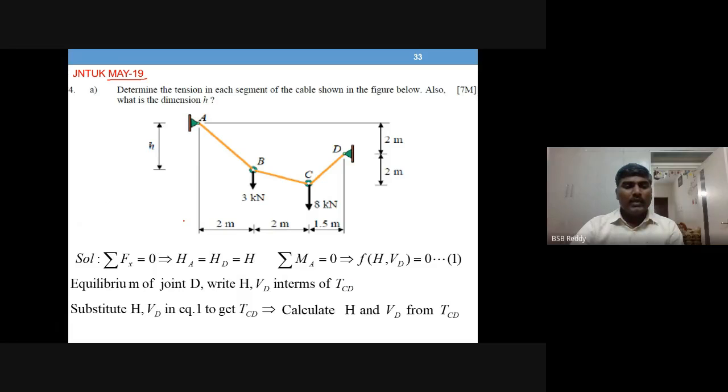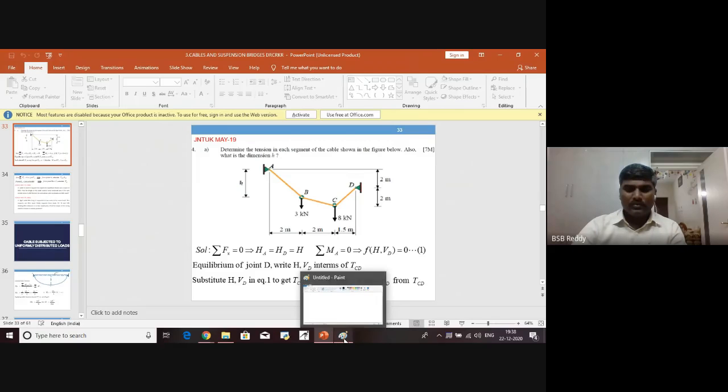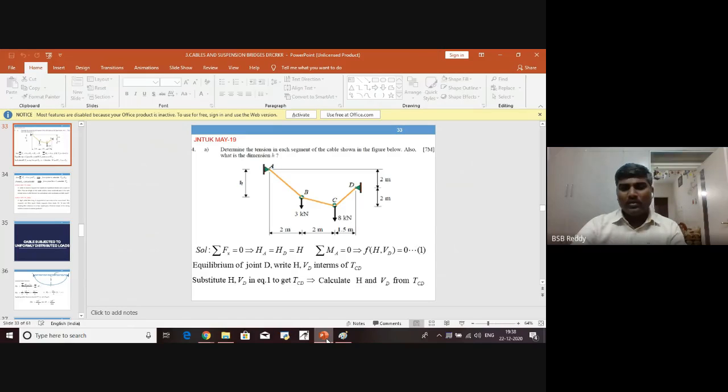Let me take a paint page where I draw the problem, which has 2 meters, 2 meters, and 1.5. The same structure I can draw there.